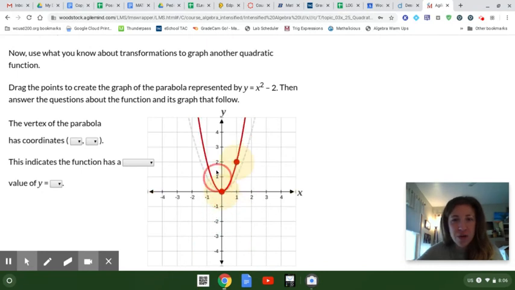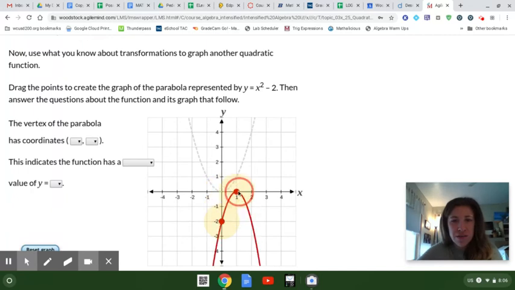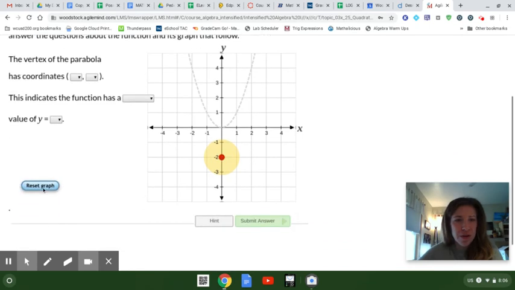Oh, nope, I don't want it to get wider or skinnier. Shifting on the computer is really tough. Wow. Let's try resetting the graph. This is not fun trying to do this on the computer, but I'd really like it to match. There we go, down 2.